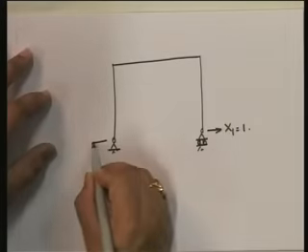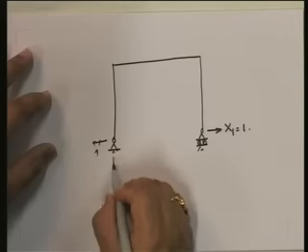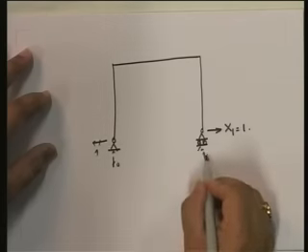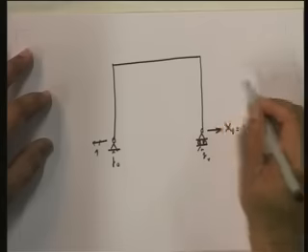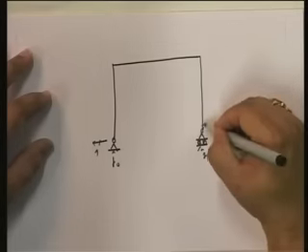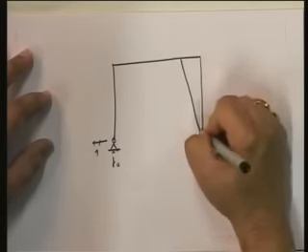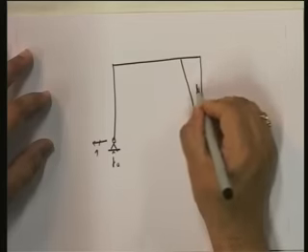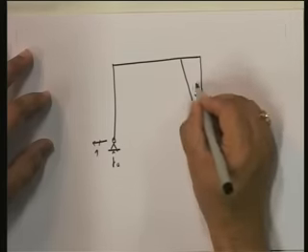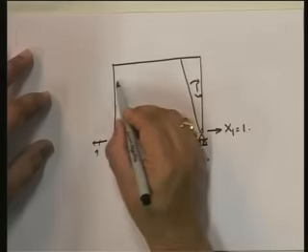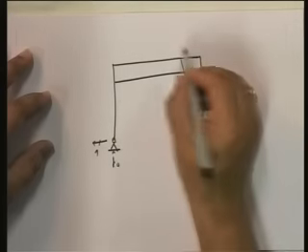If you look at this, this is going to be like this, these are going to be 0, 0, and therefore what you have is all these.